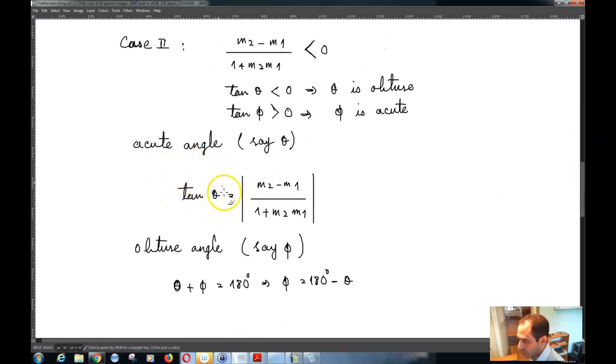If tan of theta is equal to 1/3, then what is the slope of the two lines? We can simply use this relationship to calculate that.